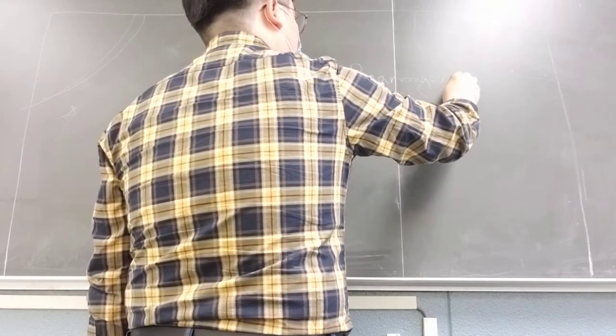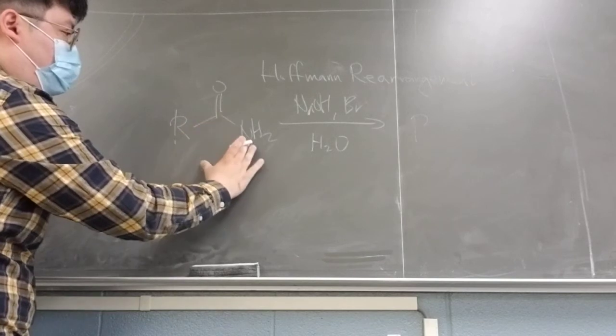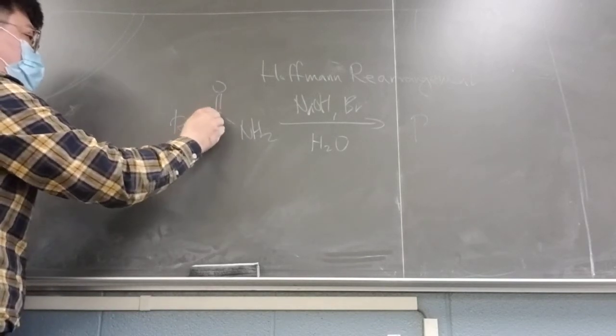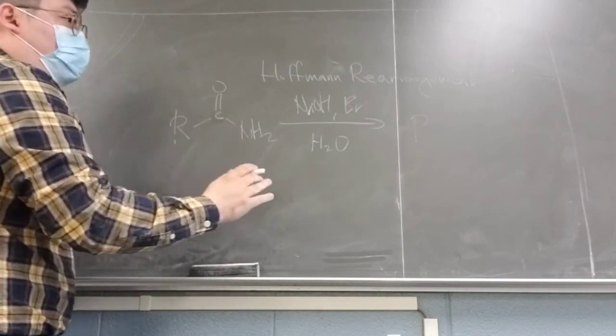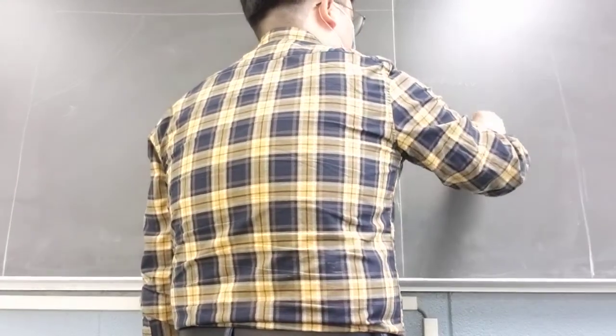Hofmann rearrangement. Because this R group eventually moved to here. So we will rearrange it. So there's carbon here, right? Here's carbon there. But eventually this will move to here. So what they form is this one.